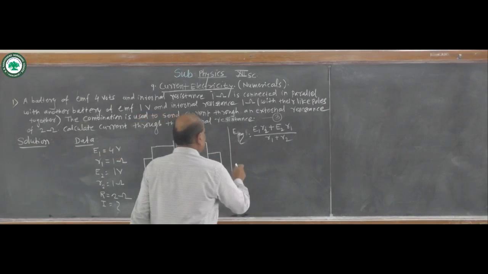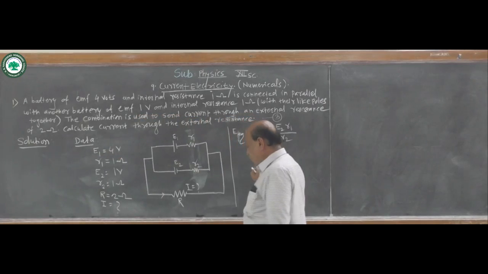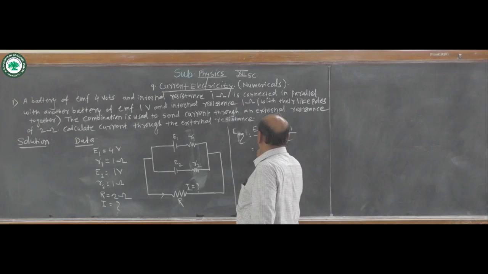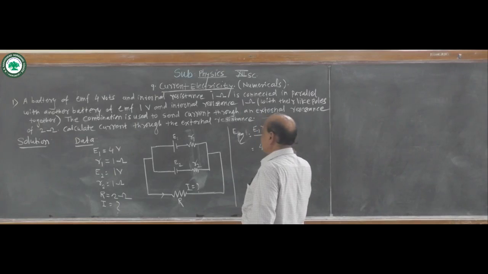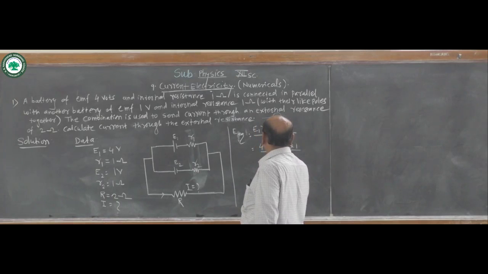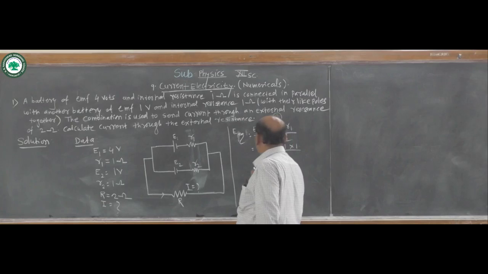What is the value of E1? The value of E1 is 4 into R2, which is 1, plus E2, which is 1, into R1, which is 1, divided by R1 plus R2, that is 1 plus 1.